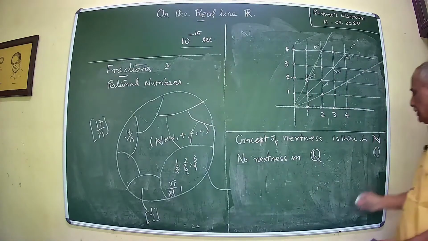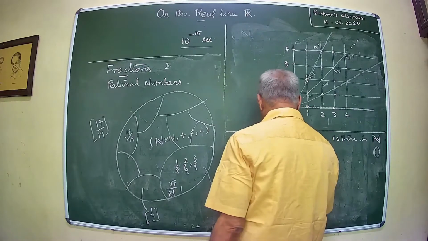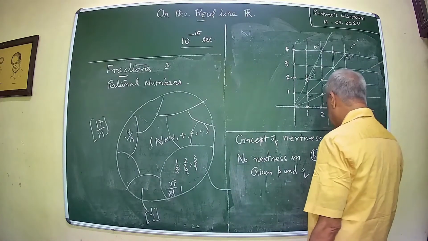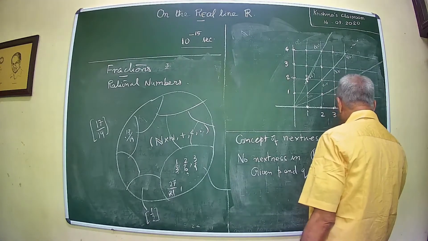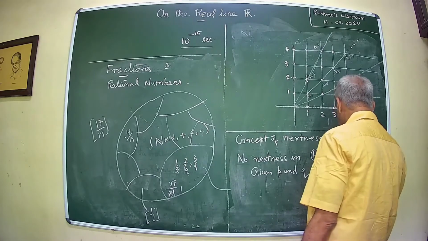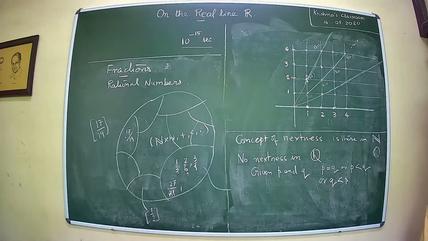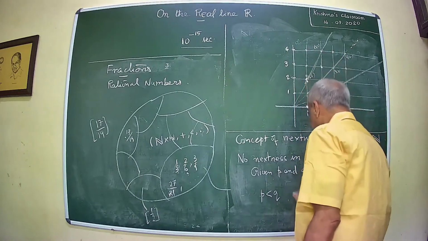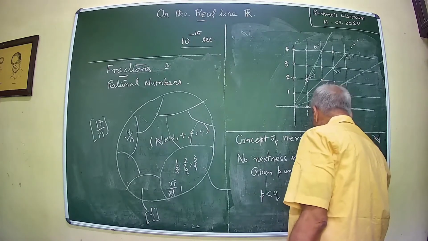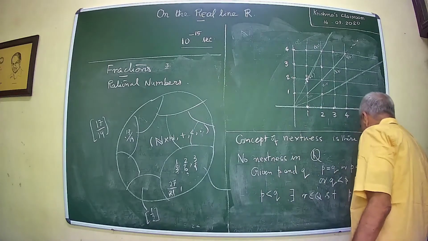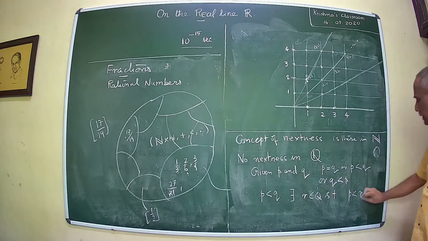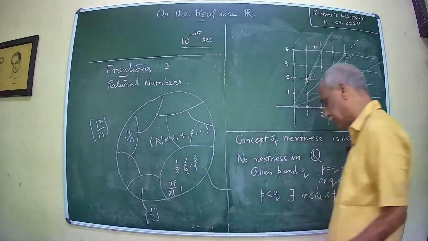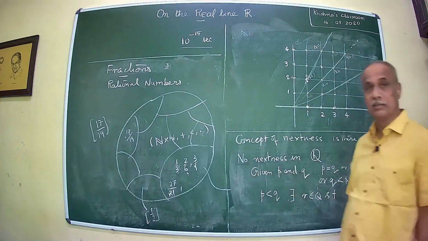That means, given P and Q, one of three things happens: either P equals Q, or P is less than Q, or Q is less than P. So if P is less than Q, there exists another R belonging to Q such that P is less than R is less than Q. So there exists a rational number lying between P and Q. Once again this applies, so there are infinitely many rational numbers lying between two unequal rational numbers.